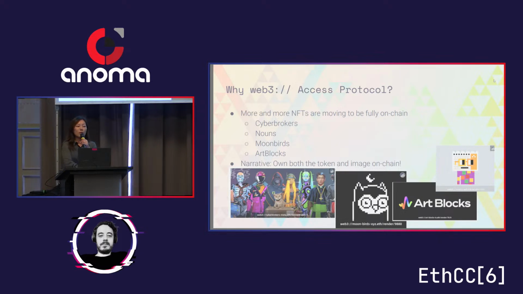Also, NFT owners don't only own the token URL with the token ID on a smart contract, but they also own the corresponding data that will never disappear on chain.